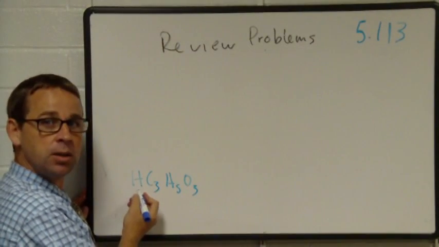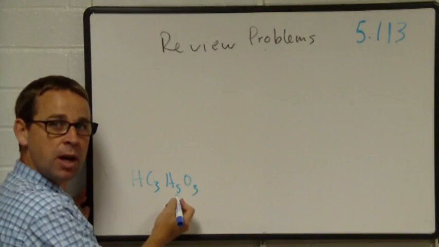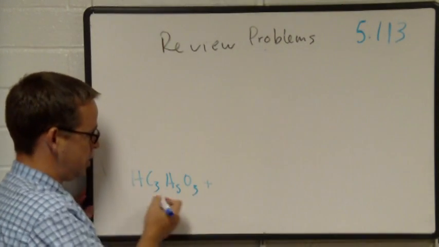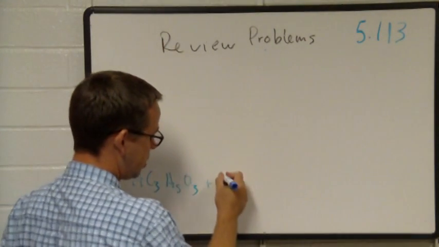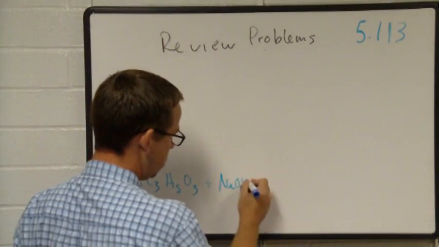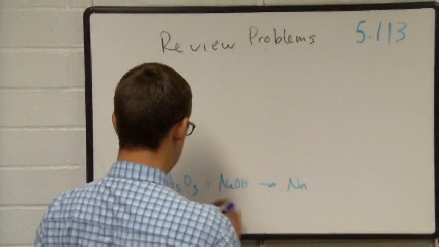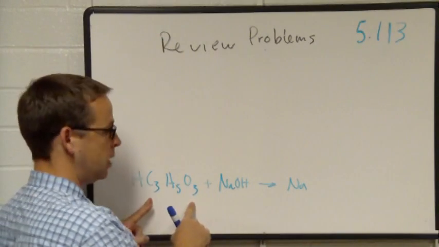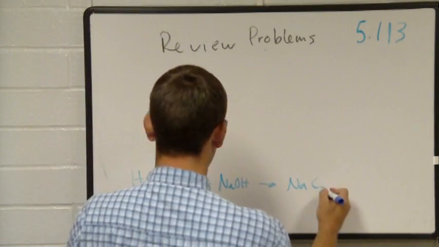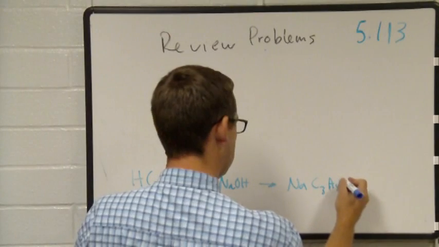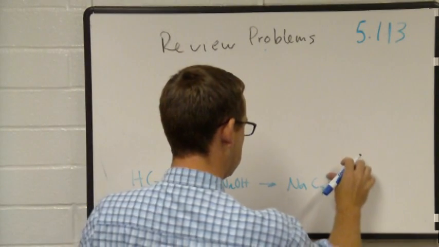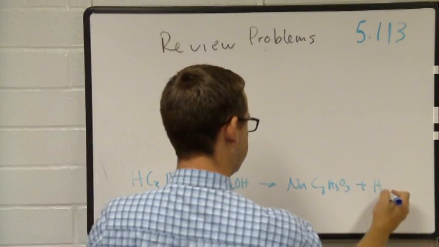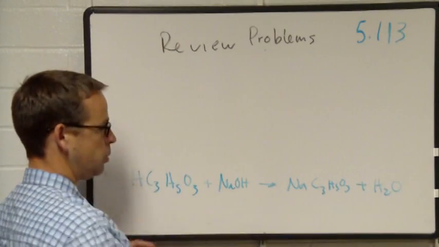This proton here is separate from these 5 hydrogens here, so that reminds us that that is an acid. Plus NaOH, the products are going to be sodium lactate, C3H5O3, plus water. And it's a 1-to-1 ratio.